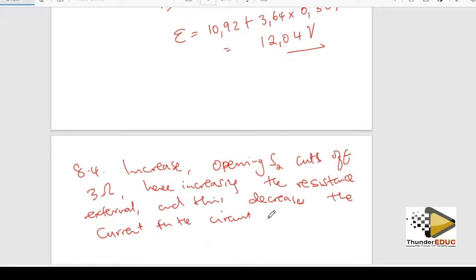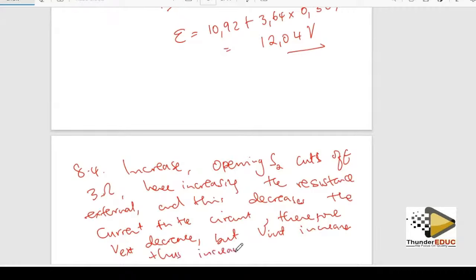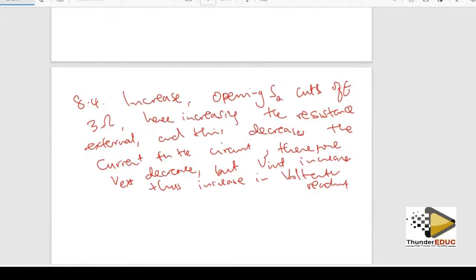Therefore, the V external will decrease, but then the V internal will increase. That's the increase in the voltmeter reading.